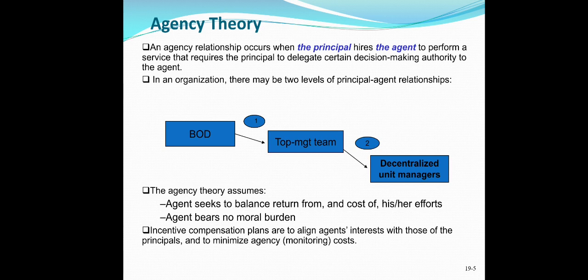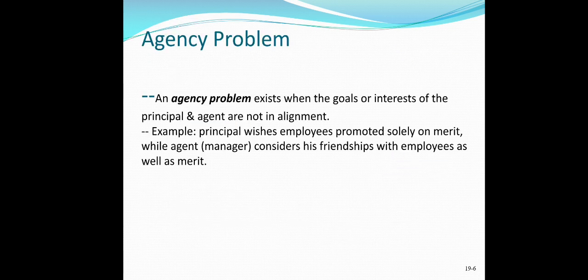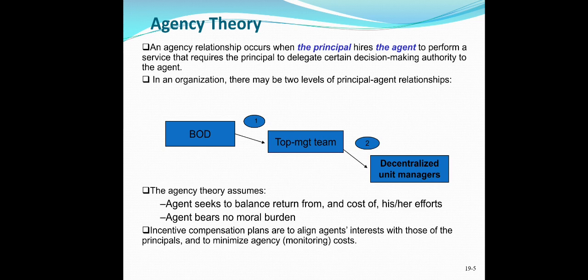This is the first theory that you can see here, related to performance measurement. Agency theory. This is the explanation: an agency relationship occurs when the principal hires the agent to perform a service that requires the principal to delegate certain decision-making authority to the agent.